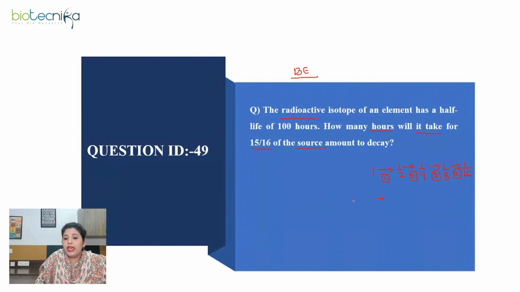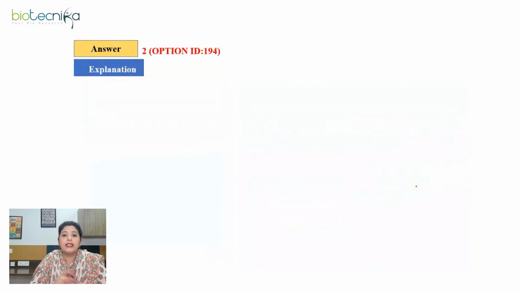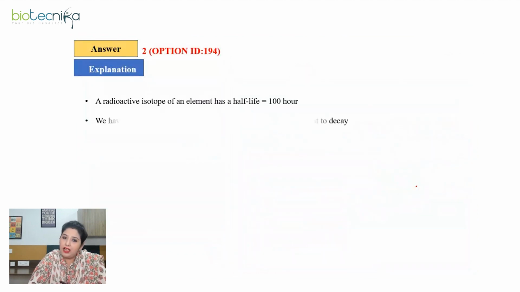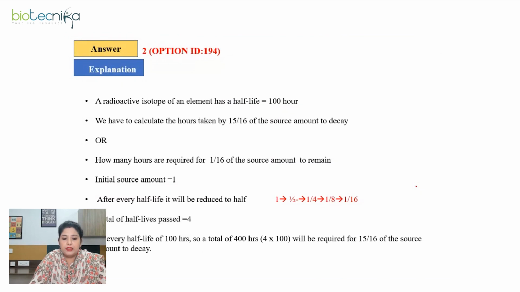So if I write 100 here, then again 100, 400. Let's see if 400 is given in the options. Yes, in option 2, it is given. And therefore, it is the answer. This is the explanation, the text of the same that I explained in the previous slide.